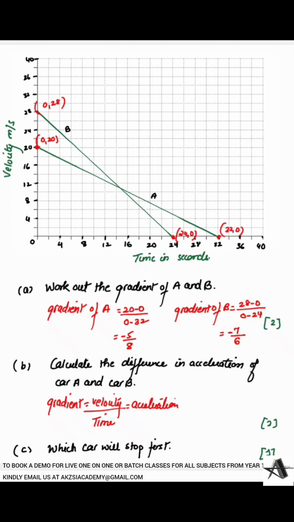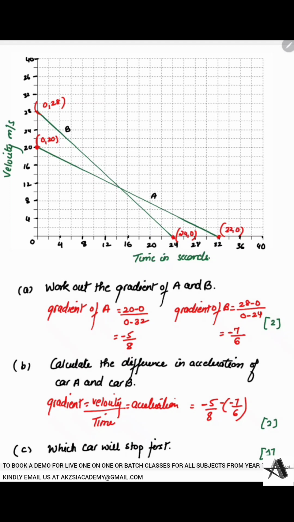Gradient of A is negative 5 over 8 and gradient of B is negative 7 over 6. Difference is always positive, so you always have to subtract the smaller from the bigger one. Clearly negative 5 over 8 is the greater one. So I'll do greater one minus smaller one.